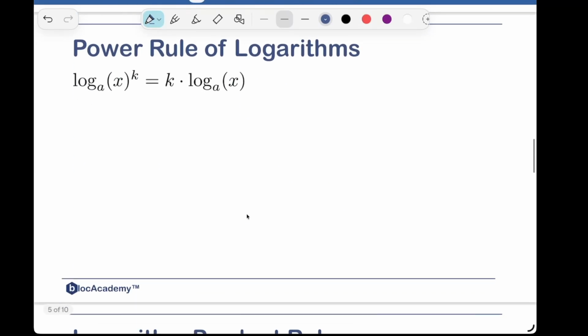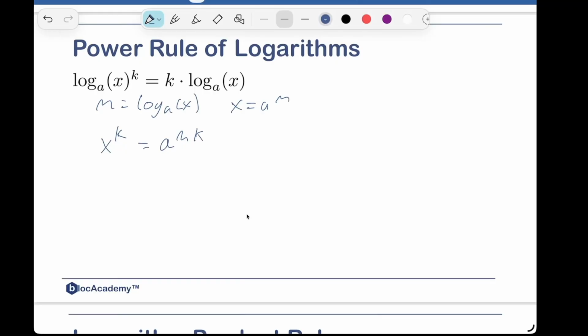Now let's look at the power rule of logarithms. Let's suppose that we have m equals log a of x, which means x equals a to the power of m. Let's raise both to the power of k, where k is some real number, not equal to 0. We could state that it's going to be a to the mk.